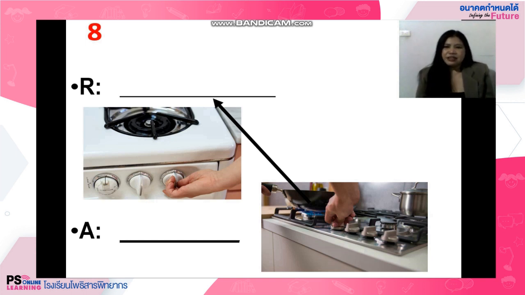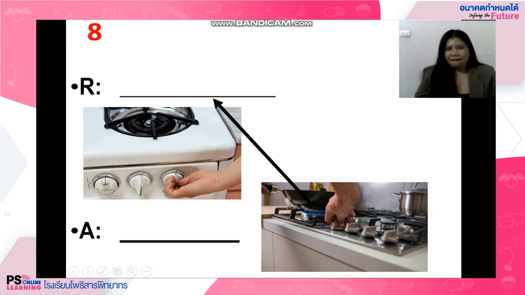And then write a reply or answer for the request. It's easy. What is this thing? Do you remember? Did you copy that? That's a stove. Stove. S-T-O-V-E. Stove.